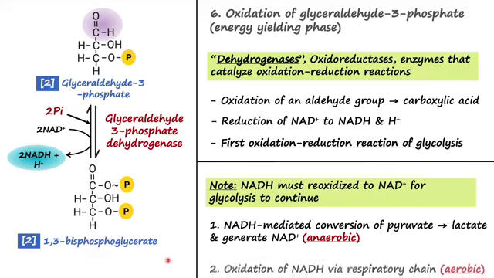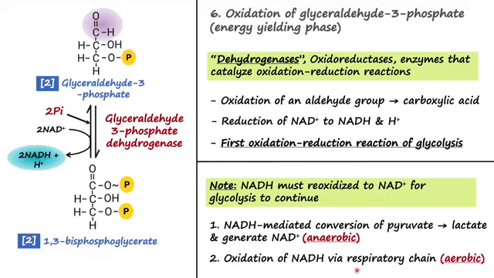Now the second mechanism is oxidation of NADH via the respiratory chain in the mitochondria, and this is possible when there is enough oxygen available. So this reaction only takes place during an aerobic condition.